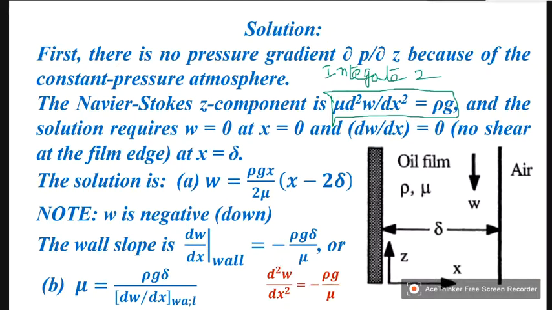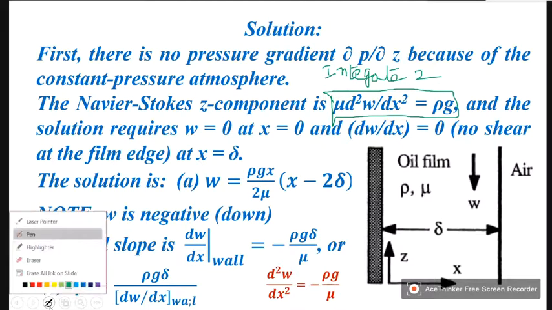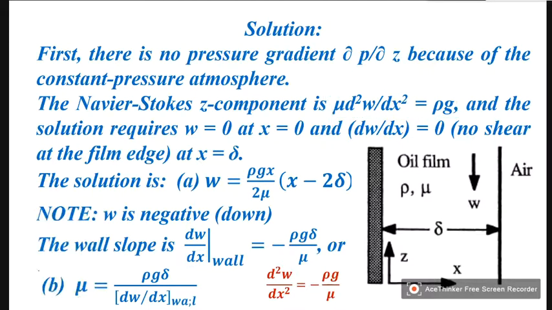So you will get two constants. Now what are the boundary conditions? One boundary condition is this, clear? x equal to 0 to h? Because this is wall and this is fixed. So W at x is equal to 0 is 0.